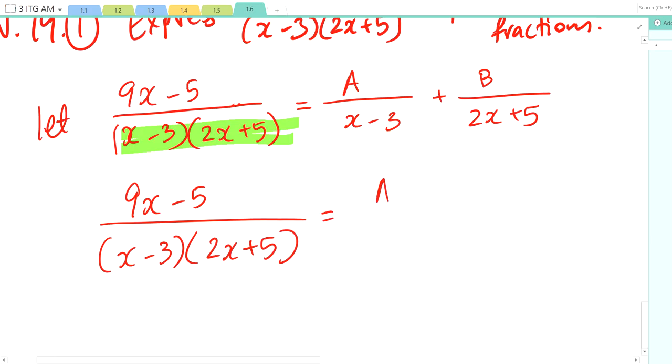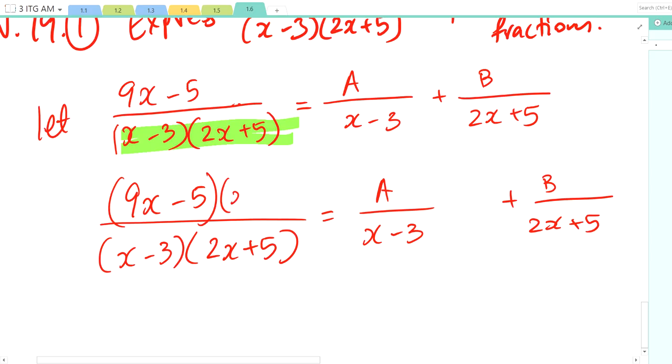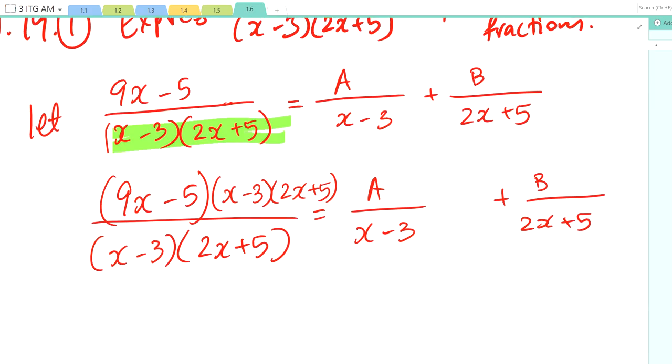So this is supposed to be equals to A over x minus 3 plus B over 2x plus 5. I'm going to multiply throughout by the denominator. So multiplying throughout on this side, I'll be multiplying x minus 3, 2x plus 5. And we all are very clear of what happens after that. They are going to cancel. So I'll leave the cancellation to later.